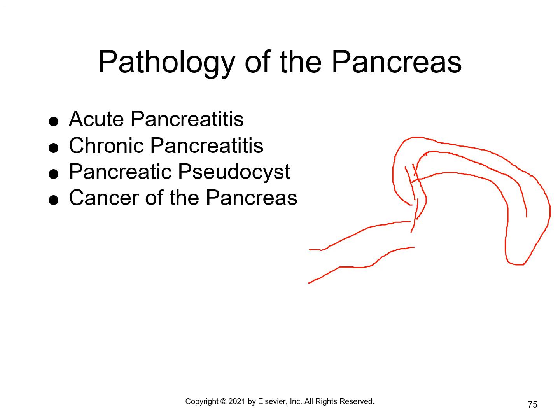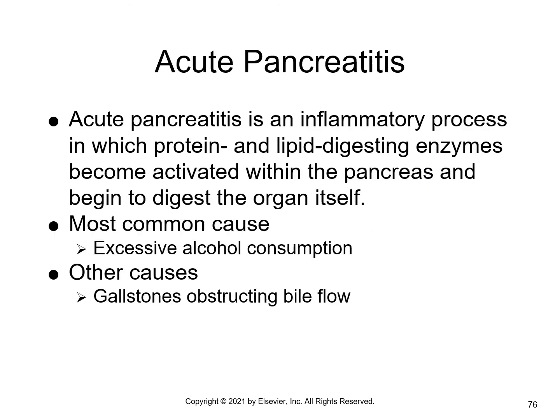So it has a very important component in not only sugar regulation, but in digestive functioning as well. So some of the pathology that we're going to look at about our pancreas is acute pancreatitis, chronic pancreatitis, pancreatic pseudocysts, and cancers of the pancreas.